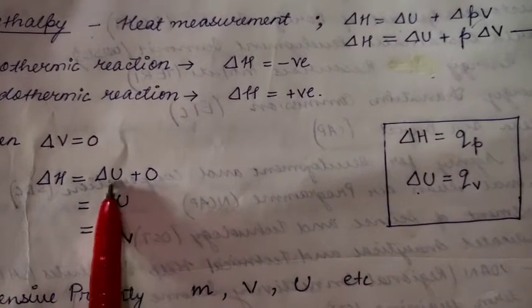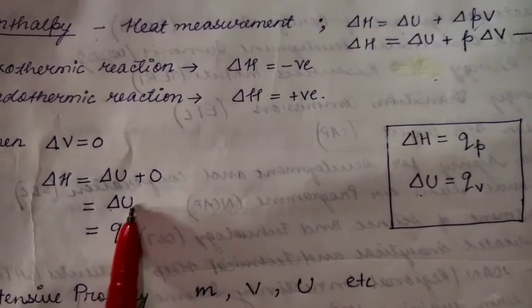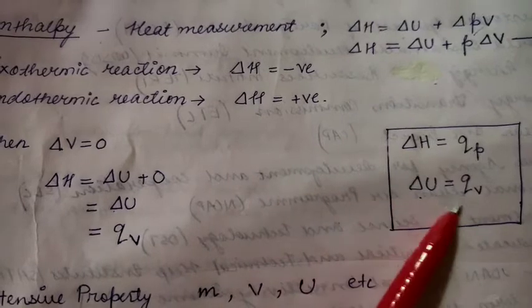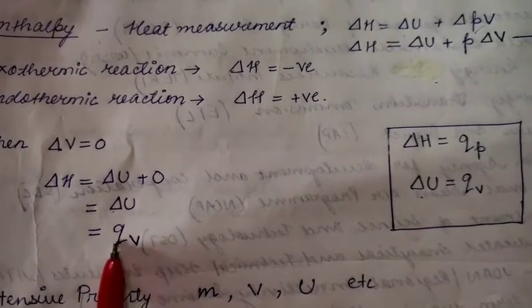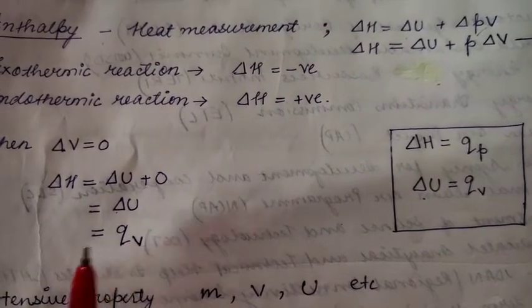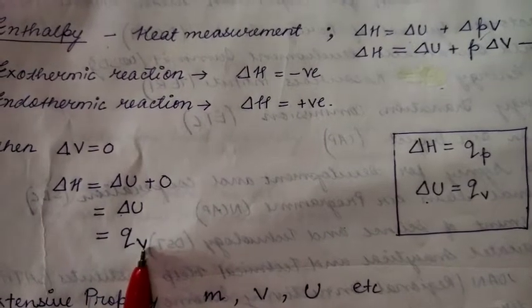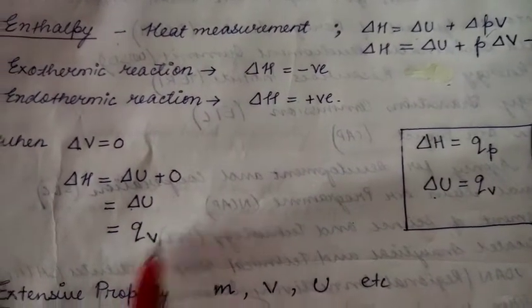So we have obtained delta H equal to delta U, and delta U is equivalent to QV. Q designating heat, and V is constant volume.